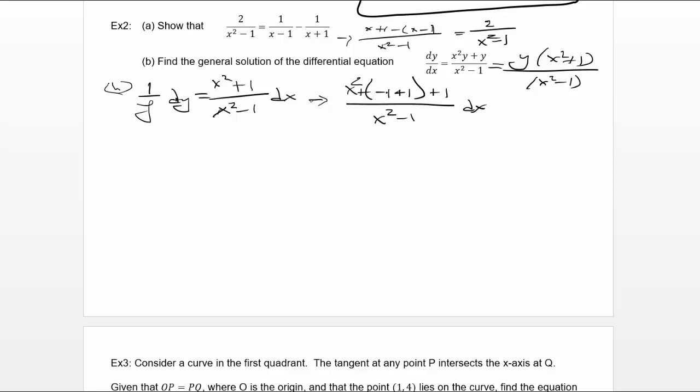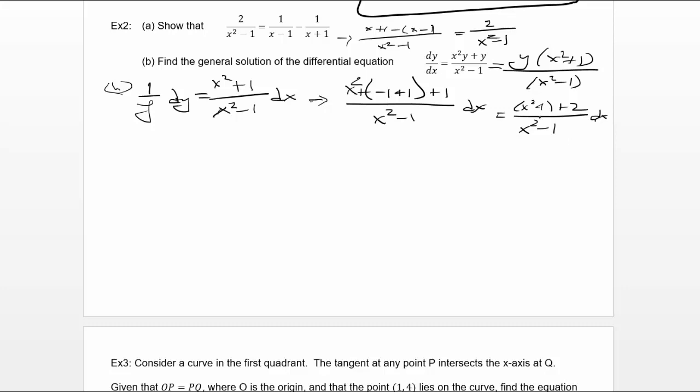And by doing so, note that I don't have to add in this fashion. I could instead add the plus 1 to get 2. What do you know? And then I'll be left over with an x squared minus 1. But that actually is really nice, because this gives me this expression, x squared minus 1 plus 2 over x squared minus 1. I could take this expression now and separate it into x squared minus 1 over x squared minus 1 plus 2 over x squared minus 1.